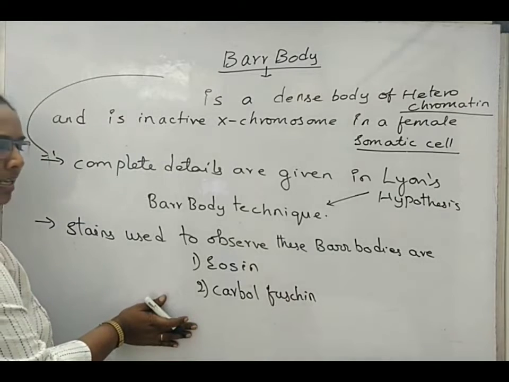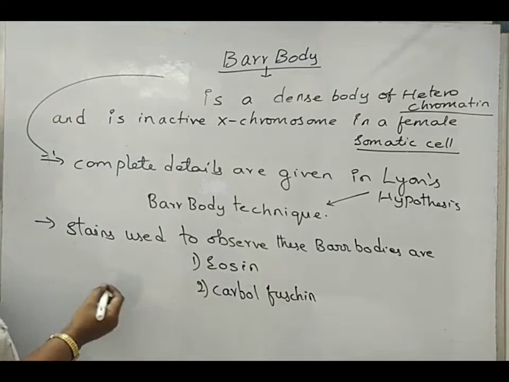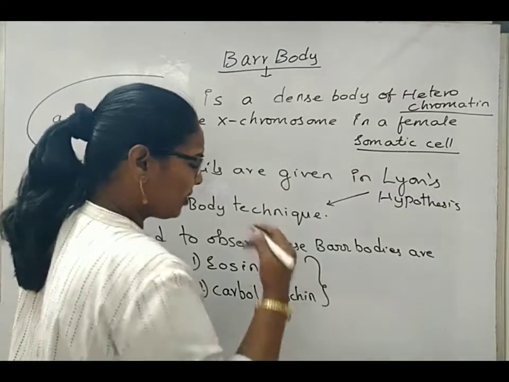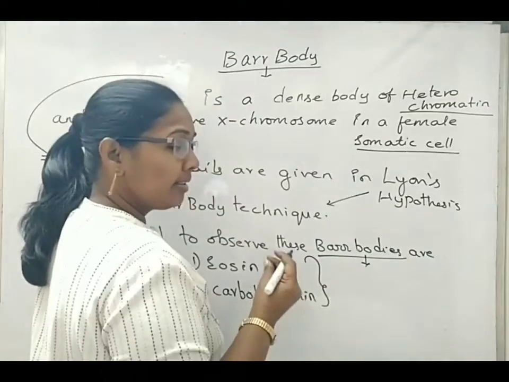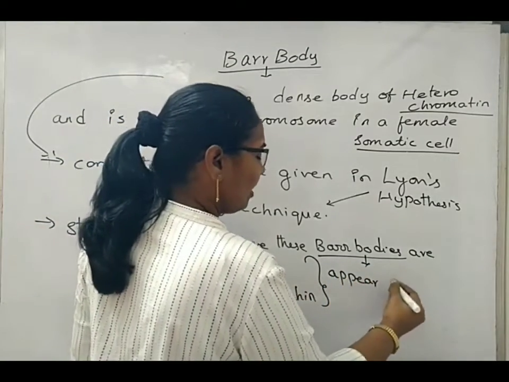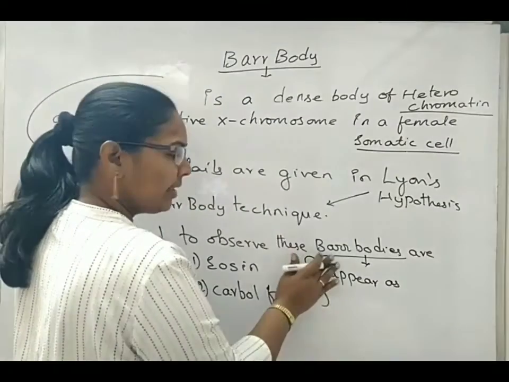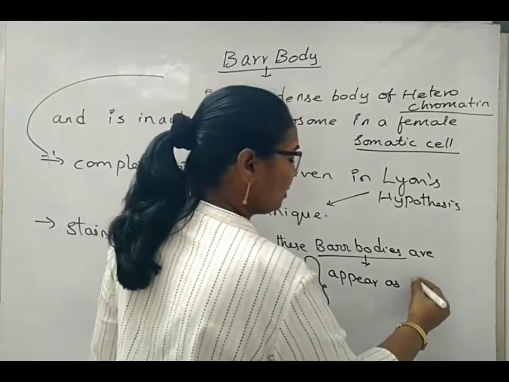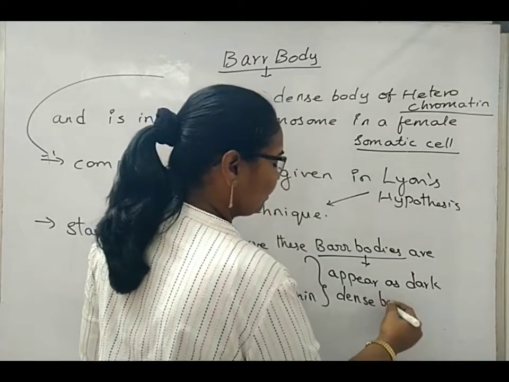There are many other stains also. When we stain BARR bodies with such stains, then BARR bodies appear as dark, dense bodies.